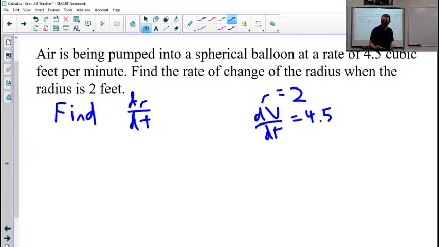Well, if we're in cubic feet per minute, then that should be a rate of change of a volume, since volumes are in units cubed. Okay, so we know dV dt, we know r, we're trying to find dr dt. So let's write an equation that involves a volume of a sphere with the radius, the volume of a sphere.